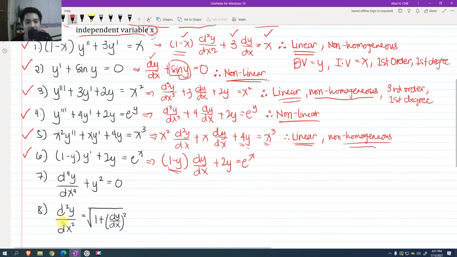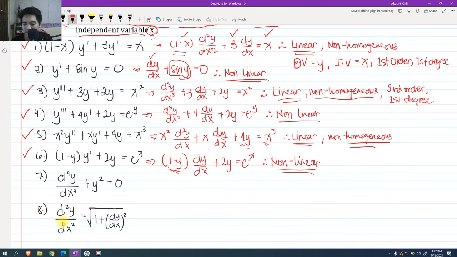Since this contains the dependent variable y, it's a big no-no. It should not contain any y in terms of its derivatives. So again, the failing part of this is the first term. So this is classified as a non-linear differential equation.